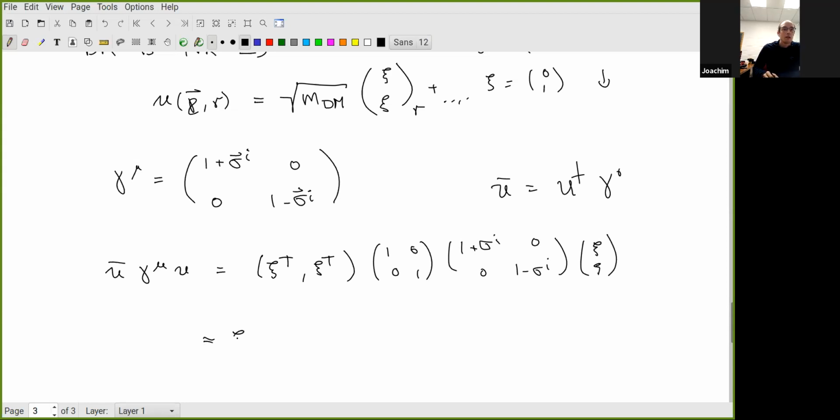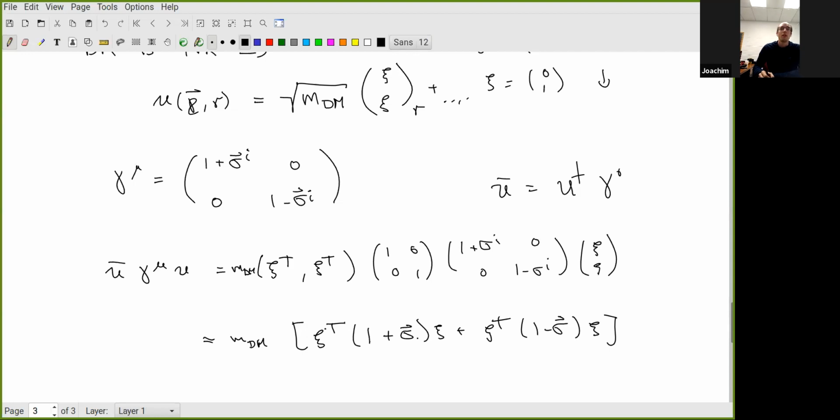And you see this is Xi transpose times, let me write like this. I forgot the factor of m dark matter. So that's m dark matter times Xi transpose 1 plus sigma Pauli plus Xi transpose 1 minus sigma Pauli.